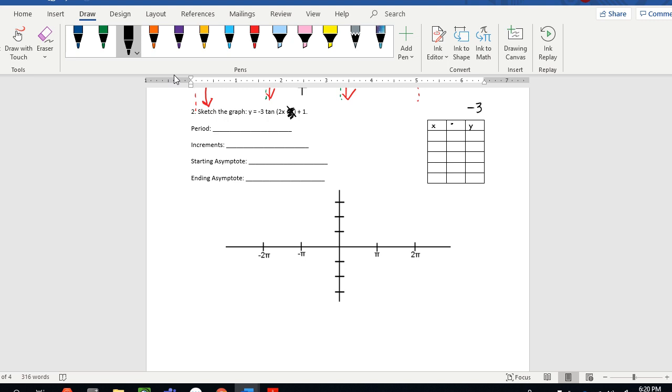Okay, so I need to do the period. Okay, so B is 2, so it's going to be pi over 2, and it's already reduced. So the increments, I'll figure out the increments in a minute. That means there's a difference of, this is 0, and this whole thing has to be pi over 2.